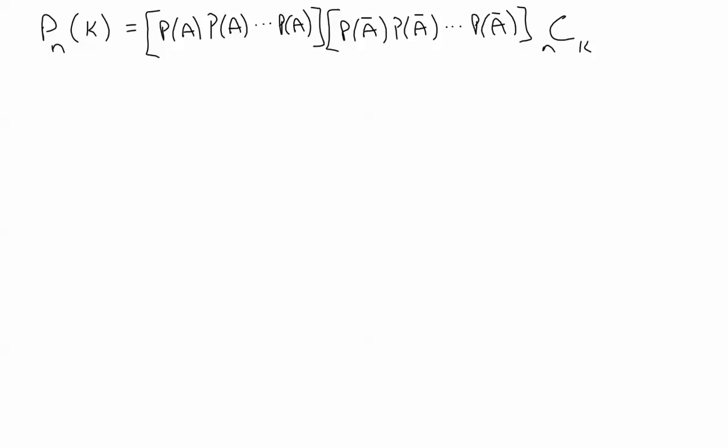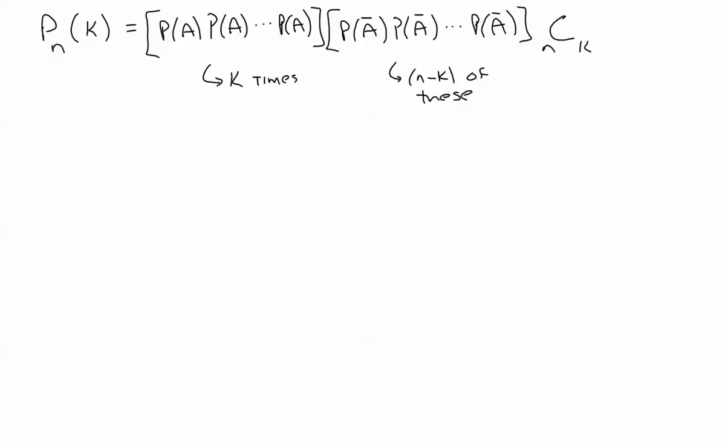I've got event A occurring K times, or K of those, and I've got N minus K of these, and I multiply.